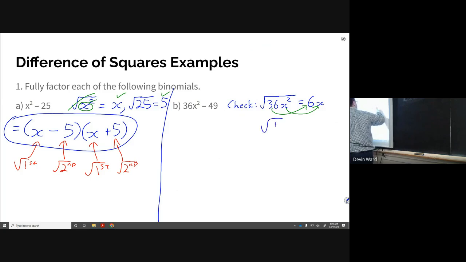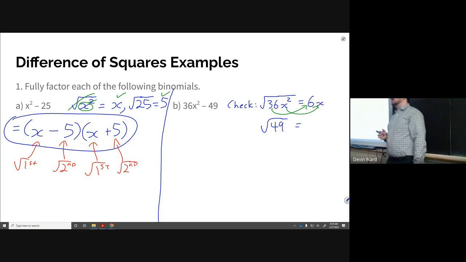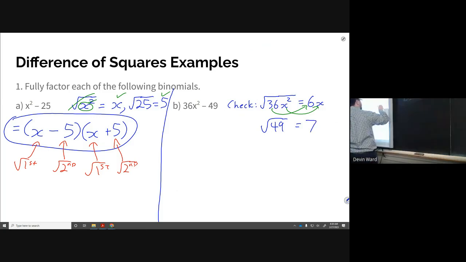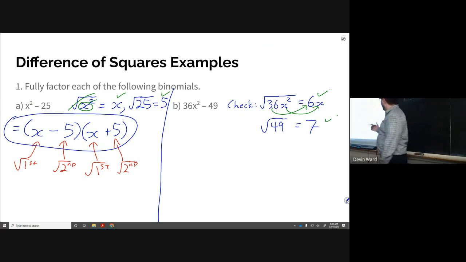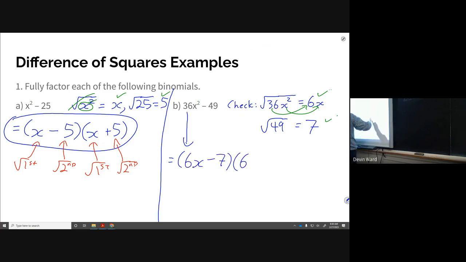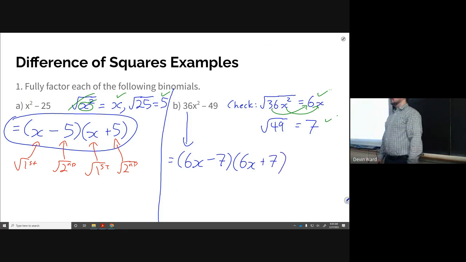Then check the square root of 49. The square root of 49 would be 7. Perfect. So 6x and 7. No decimals, they're all whole numbers, so we're good to go. So this will be equal to 6x minus 7 times 6x plus 7. Once we get the square root of each of them, we're good to go.